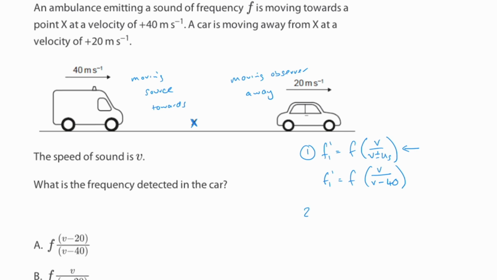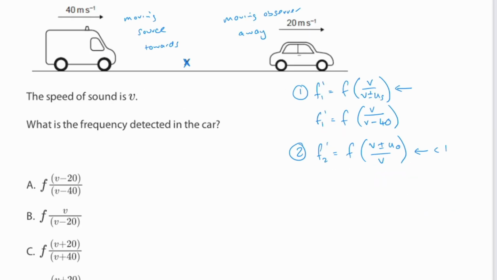Then we look at the second Doppler shift where it's a moving observer. The equation for that is f v plus or minus u0 over v. And again, in this case, it's the observer's moving away. We expect the frequency to decrease, which means that this factor has to be less than 1. That means we have to do f2 dash equals f, it has to be minus, so v minus 20 over v.